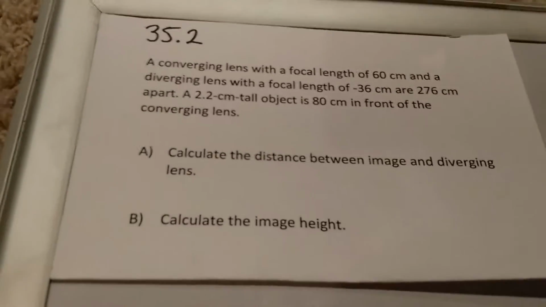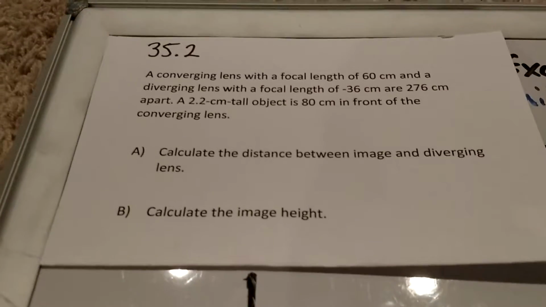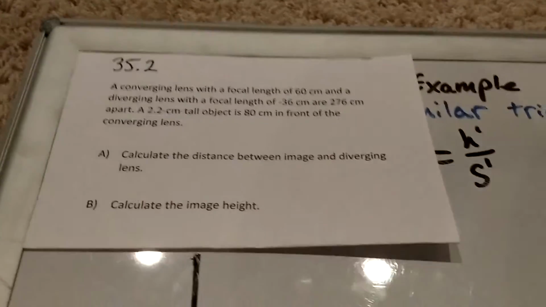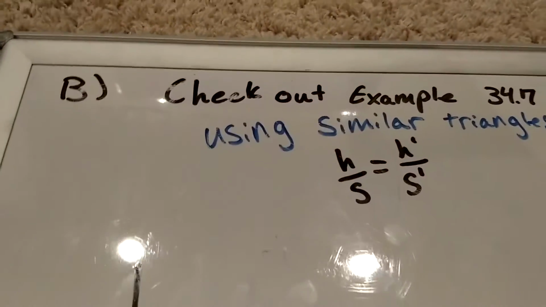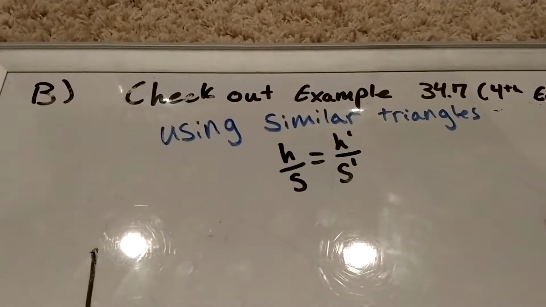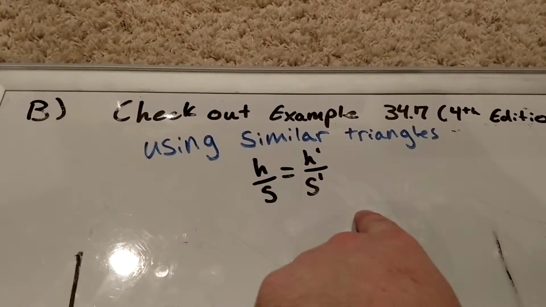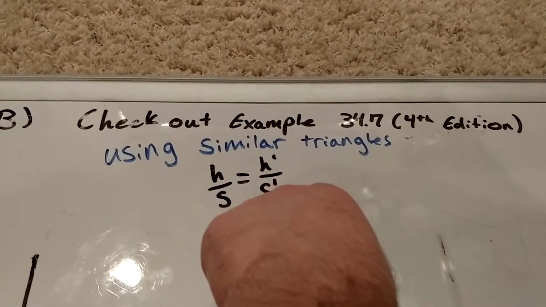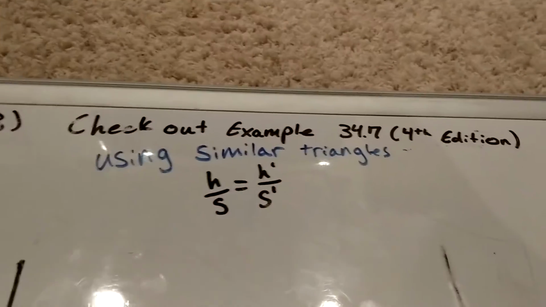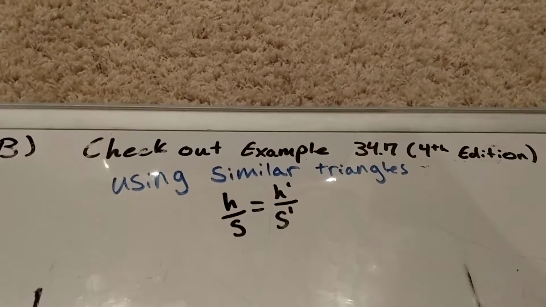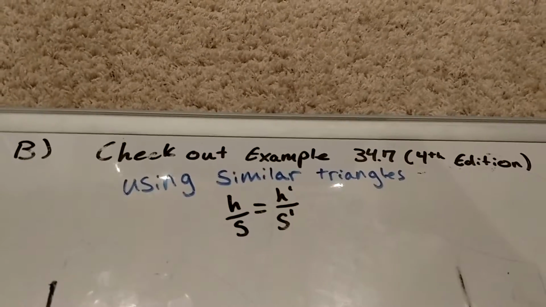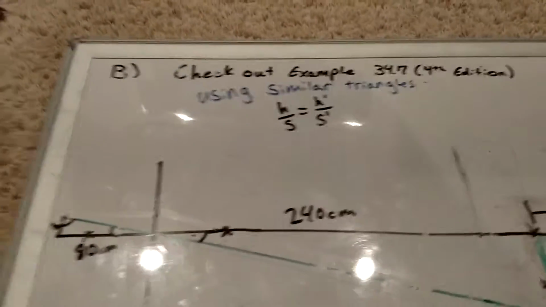Alright, A is done. B is calculating the image's height. I'm trying to be smooth here, saving time. For a stronger understanding of how to do B, check out example 34.7 for 4th edition. 3rd edition might be different, but essentially what they do is they use the object's height to calculate the distance using the idea of similar triangles.